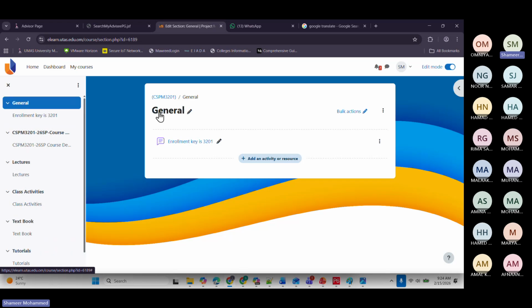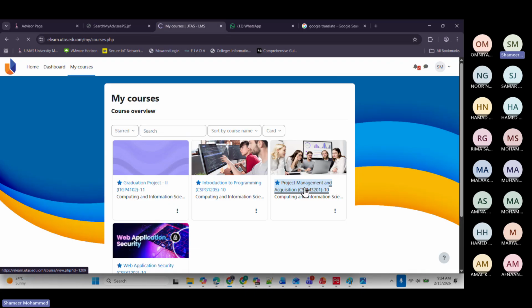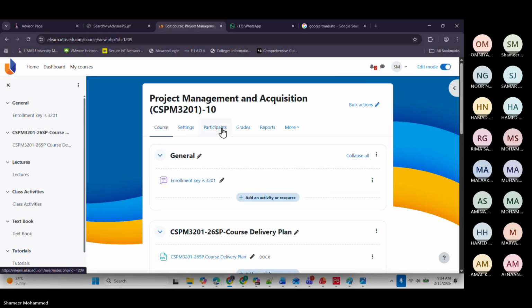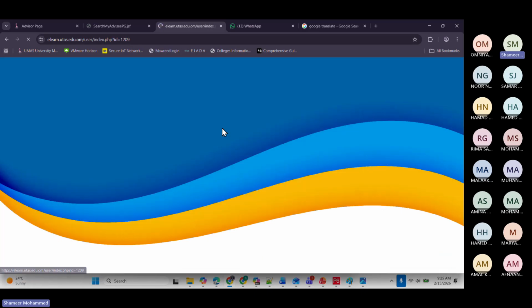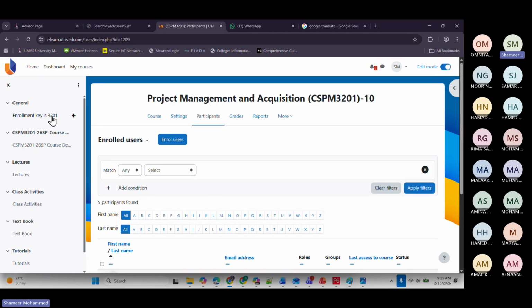Go to the Moodle, select your course, then type this key 3201. Then you will be able to access this course resources. I just added some people here. You can log in and register for this course. The key is 3201, yani the code of the course.